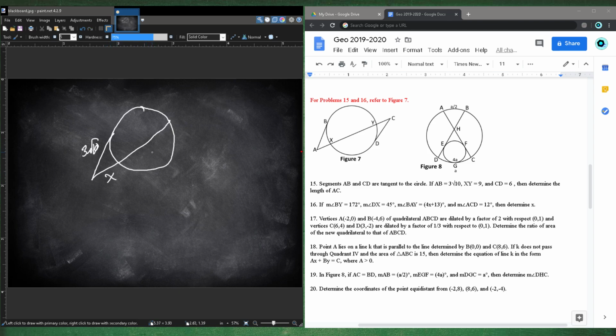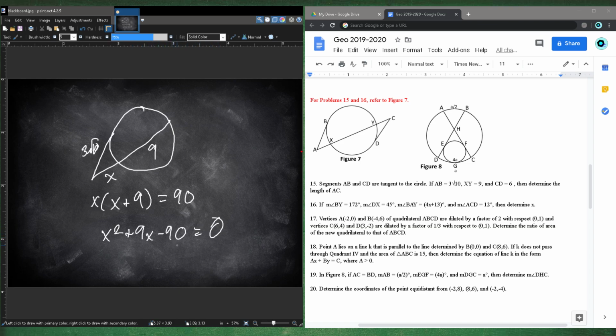And this part is 9. So the total length is x plus 9 times the length outside, which is x, is equal to our tangent length squared, which is 3 square root 10. So it's got to be 3 square root 10 times 3 square root 10, which is just 90. So that's x squared plus 9x minus 90, right?